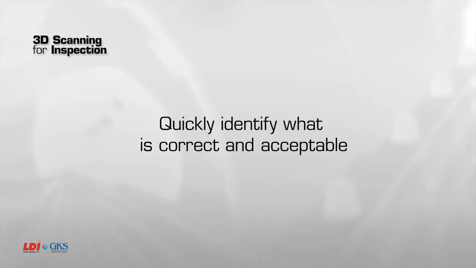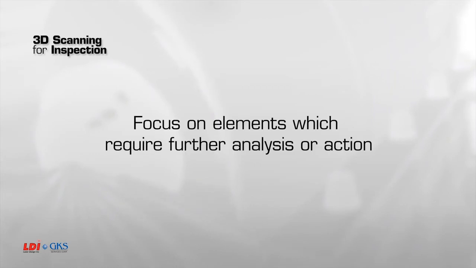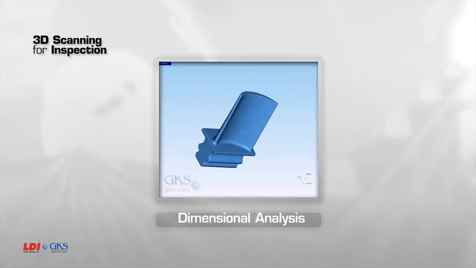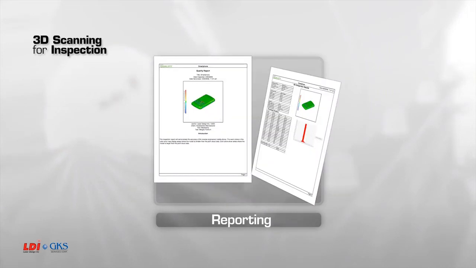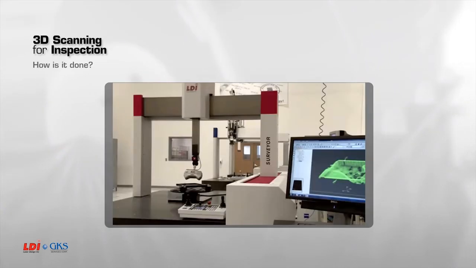You can quickly identify what is correct and acceptable, and focus your energy on elements which may require further analysis or action. There are 3 elements in 3D scanning for inspection: dimensional analysis, form analysis, and reporting. It's that simple. How do you do 3D scanning for inspection?